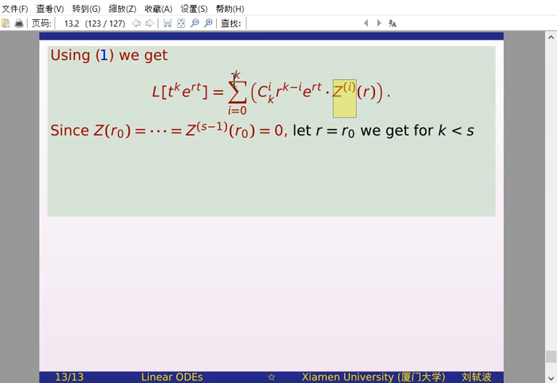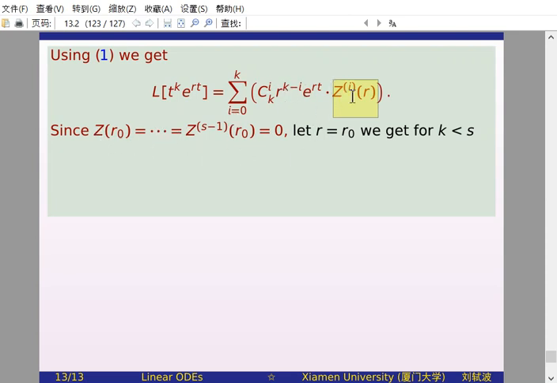Since in this summation i is not greater than k, and k is less than s, all the i here are at most s minus 1. Since r0 is a root of Z of multiplicity s, all these are 0.